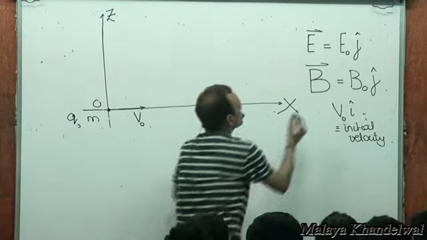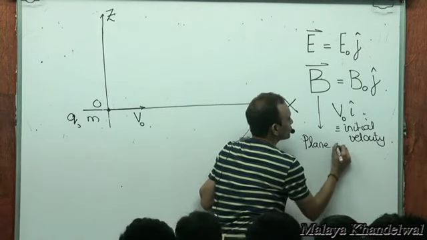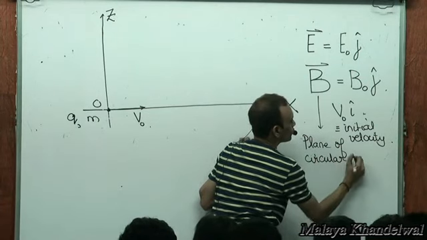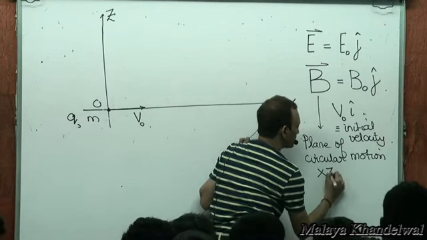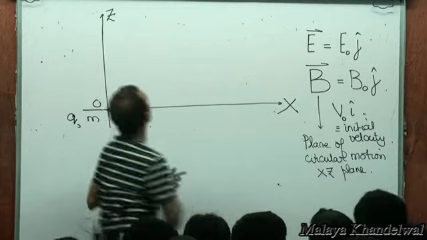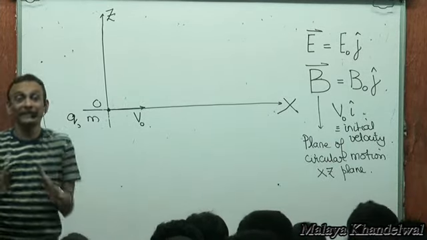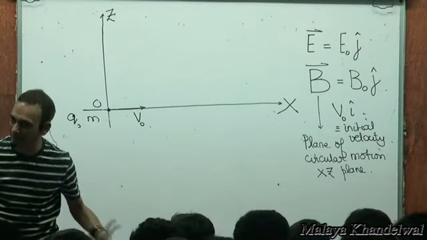So the plane of circular motion is the XZ plane. Why? Because B lines are in the y direction and the XZ plane is intercepted by the y direction normally, perpendicularly.